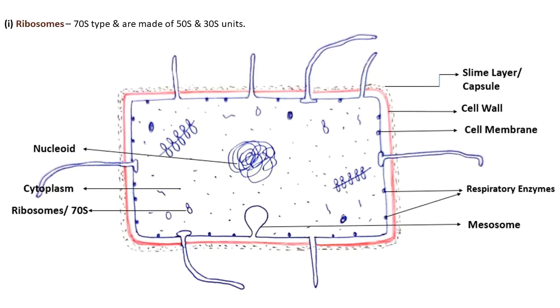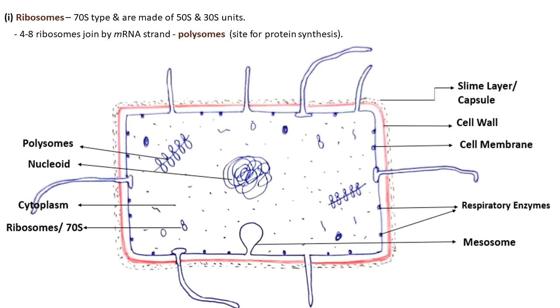The main function of the ribosome is protein synthesis, and for protein synthesis, many ribosomes join with the help of a thread-like structure called mRNA to form a chain called polyribosome or polysomes. These polysomes are the site for protein synthesis.